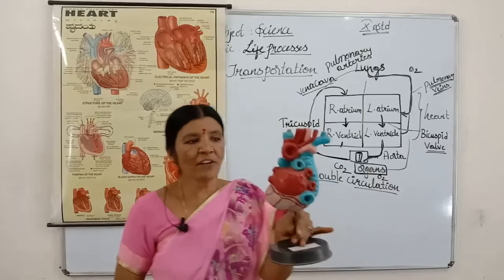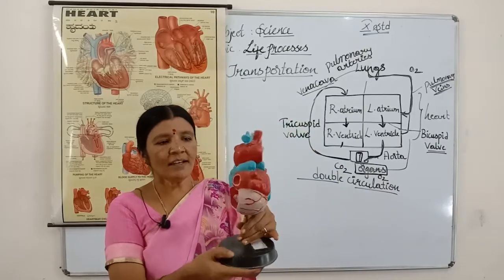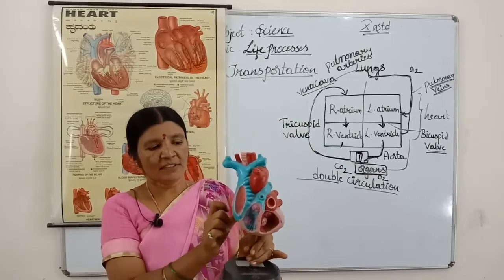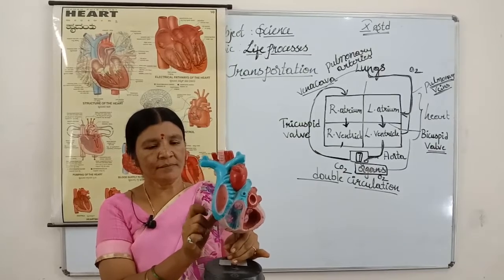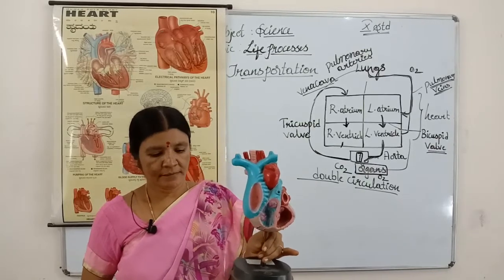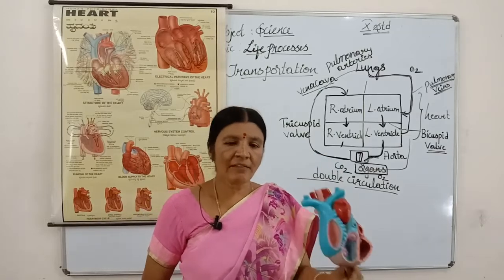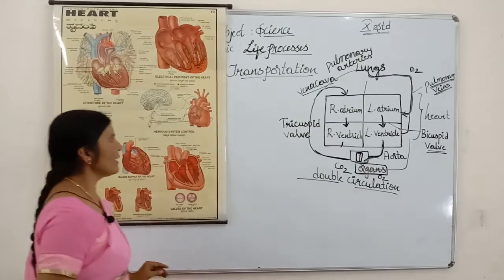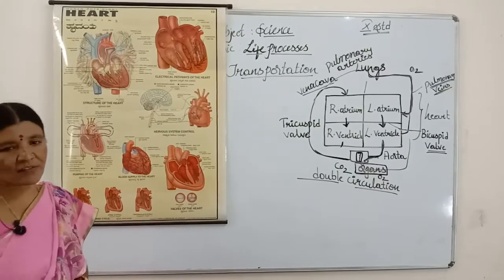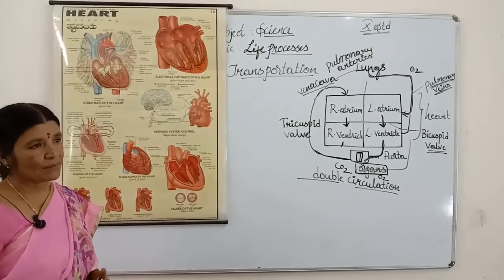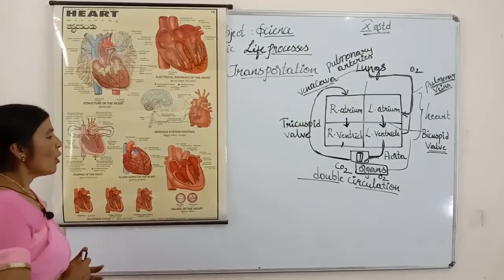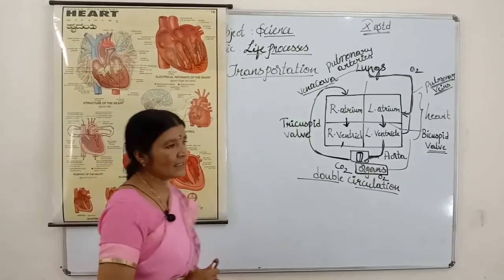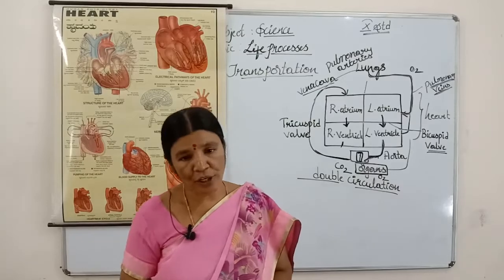This is the model of a heart. Very, very important diagram, and very importantly, this question will be asked for you. What is the mechanism of the heart, or how is the blood circulated in the human body?